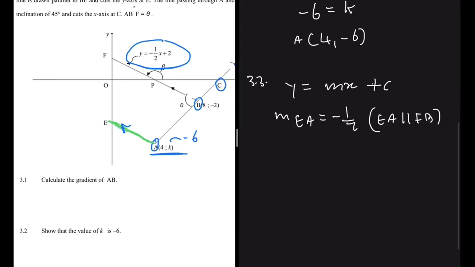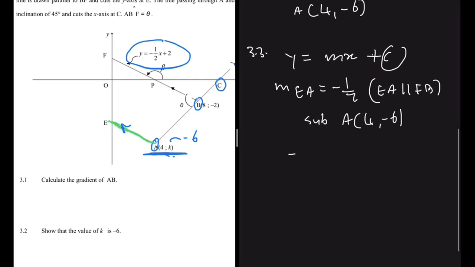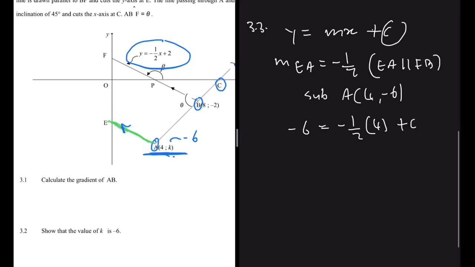So now we're only left with c, and then we have point A. Don't forget that. So because we have point A, we can substitute it in our equation, and then we can find c, right? So if we sub A, which is made out of 4 and minus 6, we're going to get minus 6 is equal to the gradient, which is minus a half, multiplied by x, which is 4, plus c, right?